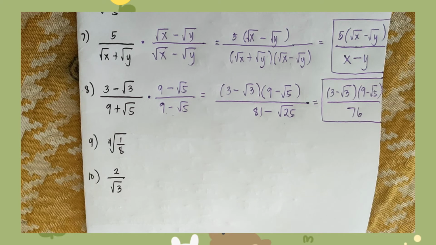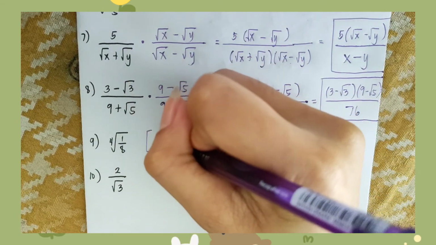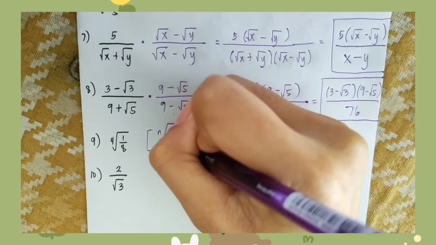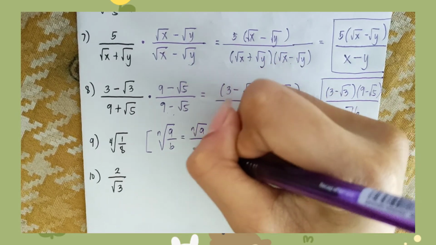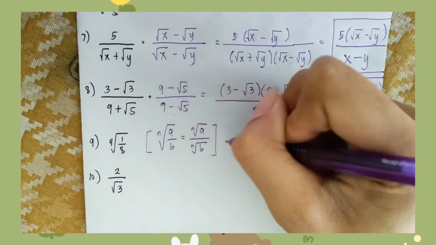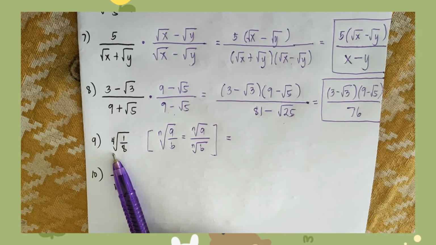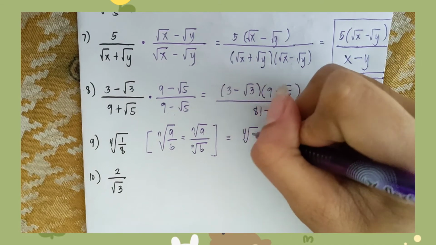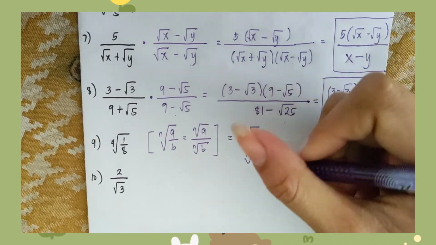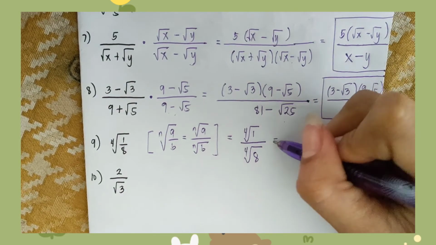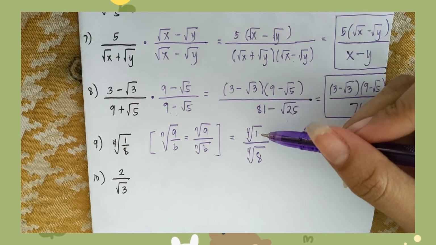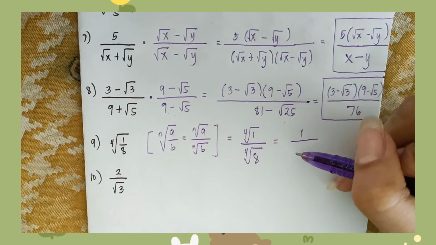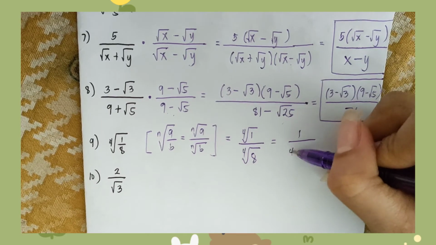Number 9. So here we need to use the radical rule, where we have the nth root of a over b, which is also equivalent to the nth root of a and then the nth root of b. So the fourth root of 1 over 8 is the same as the fourth root of 1 all over the fourth root of 8, equals, so this is just 1, and then the fourth root of 8, just copy.